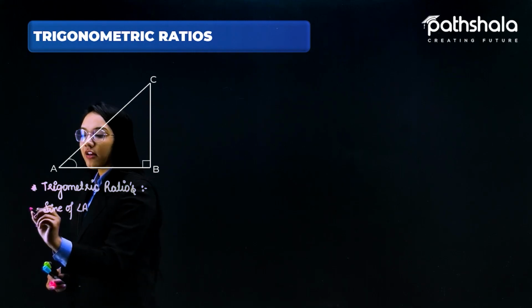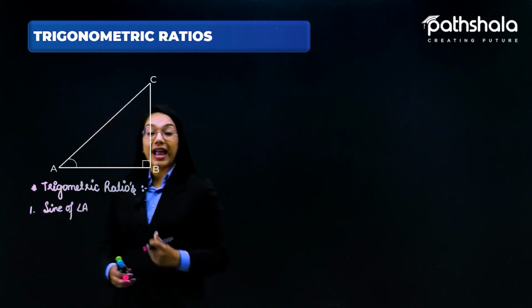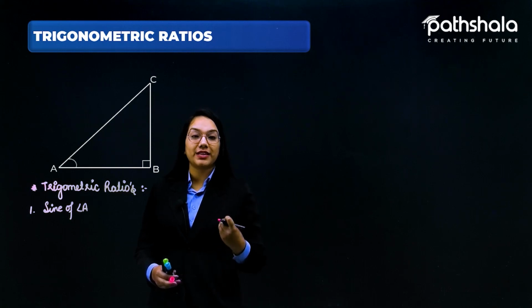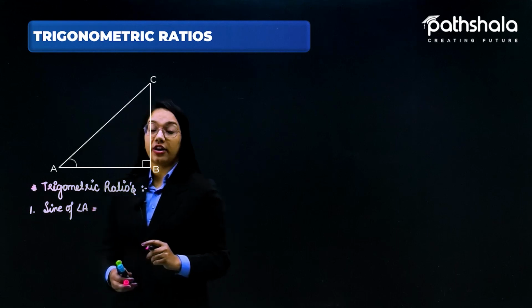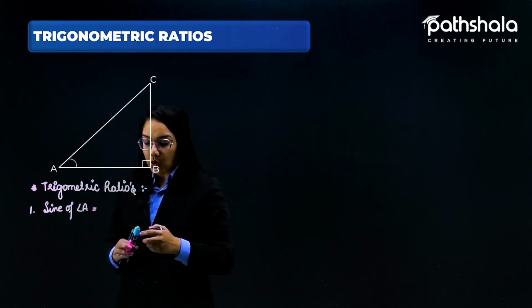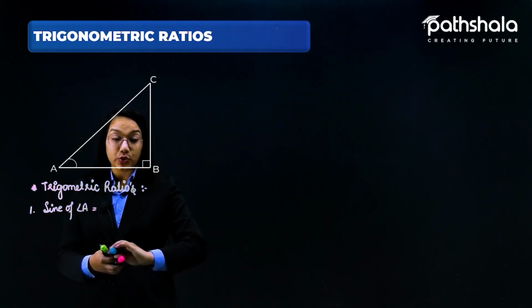This is nothing but called the first trigonometric ratio, sine of angle A, which is actually a ratio of two sides. Let me write it over here, so it would be beneficial.